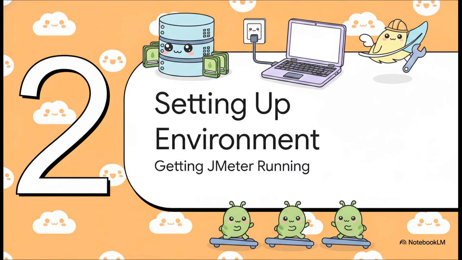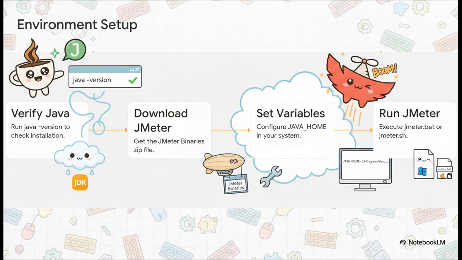Moving on to Section 2, setting up your environment. Okay, since JMeter is a Java application, step 1 is an absolute must. You have got to verify that Java is actually installed on your system. You can easily do this by popping open your command prompt or terminal and just typing java -version. Now, if you don't have it, no big deal. You'll just need to download the Java JDK and set up your system's Java environment variables.